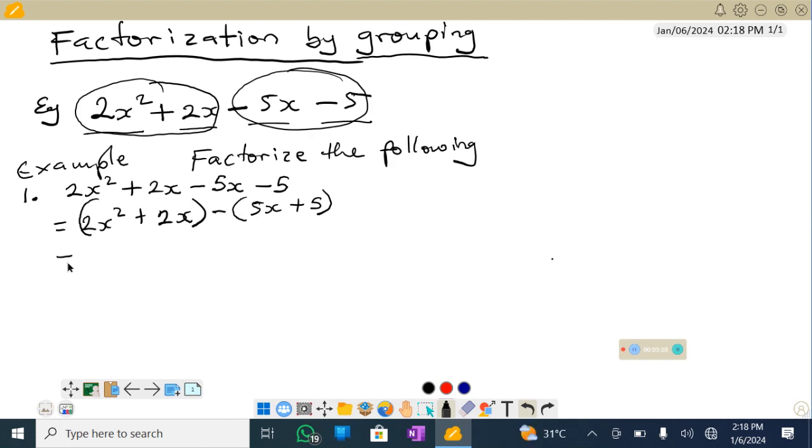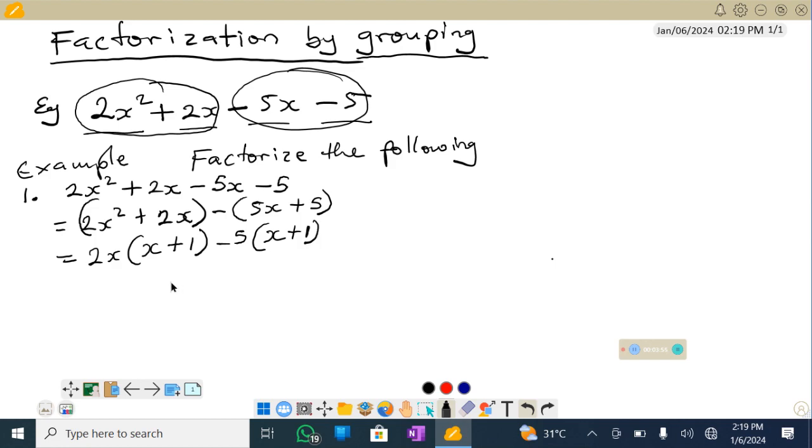So what is common here? 2x is common. So if you have 2x that is common, 2x squared divided by 2x will give you x remaining. 2x divided by 2x will give you 1. Of course, there's plus there. Minus 5 is common here. So when you bring 5 outside, 5x divided by 5 will give you x. You have plus 5 divided by 5, that will give you 1.